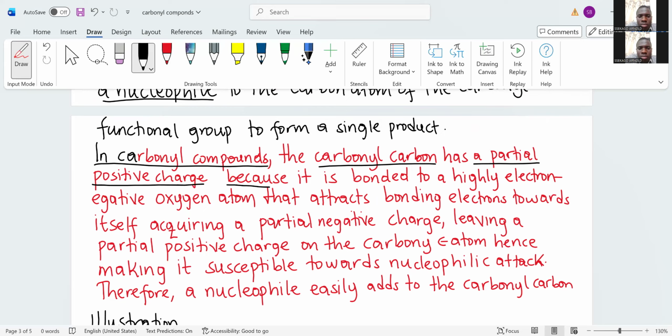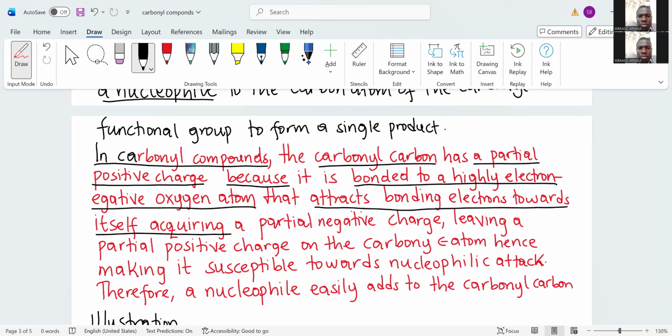Why? It is electron deficient because it is bonded to a highly electronegative oxygen atom. What do I mean by saying that the oxygen atom is highly electronegative? I simply imply that the oxygen atom has a tendency of attracting bonding electrons towards itself.